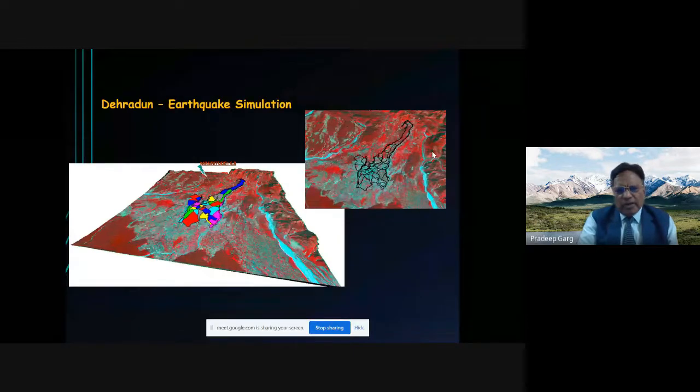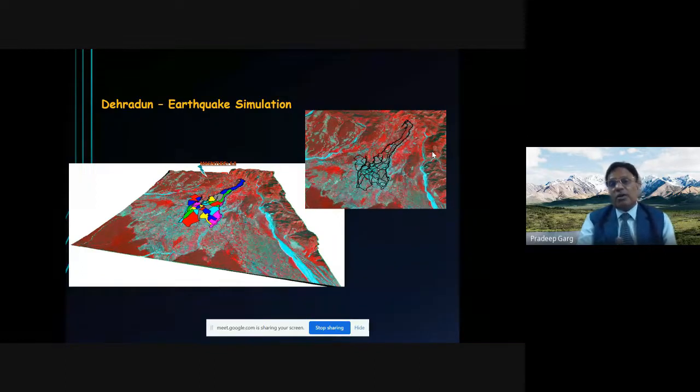So people have done, for example, this is one example of earthquake simulation. We know when the earthquake takes place, there is a lot of damage to the area, to infrastructure, to our communication systems. So everything is disrupted.